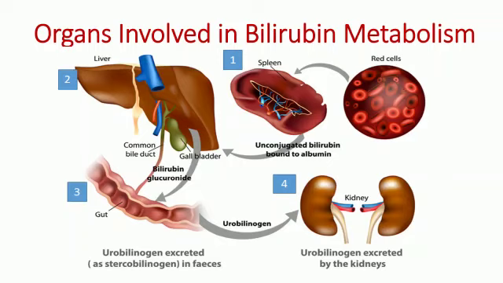Then it goes to the liver via blood circulation, from liver to the gut, and from gut to the kidneys. There will also be some intrahepatic circulation. So in all there will be 4 organs involved, that is spleen, liver, gut and the kidneys.